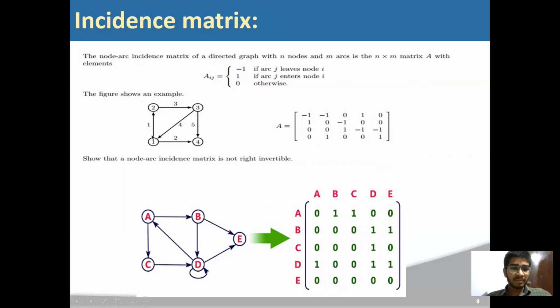At node one, the current in branch one is leaving, so we represent -1. At the same time, in branch 4, the current is in the direction towards node 1, so the fourth branch is +1. And at the same time, the current in the second branch is leaving from the first node, so it's -1. At the second node, the current in the first branch is coming towards the node, so it's +1.